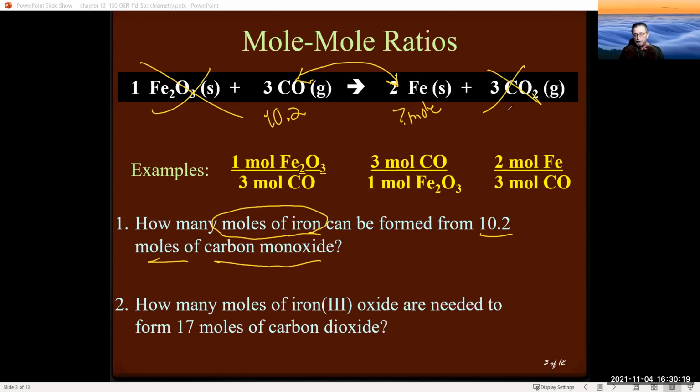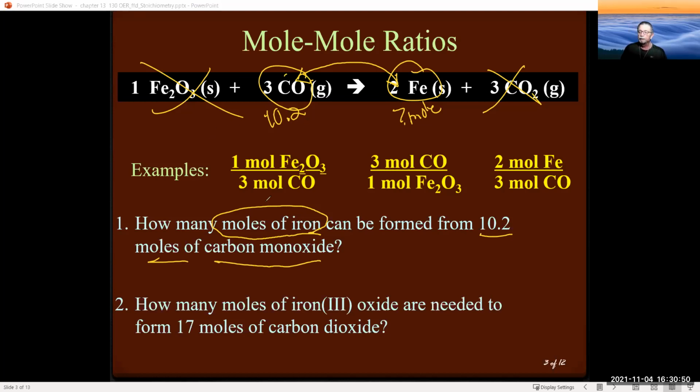Sometimes I get a relationship with carbon dioxide and iron and I don't know, any number of combinations. And the question didn't even ask that. The question is simply talking about the moles of iron right here with respect to the moles of carbon monoxide right here. And that's all we care about is those 2 individuals. The other individuals, sufficient amount of reactant to react, sufficient amount of iron 3 oxide to be in there, okay?